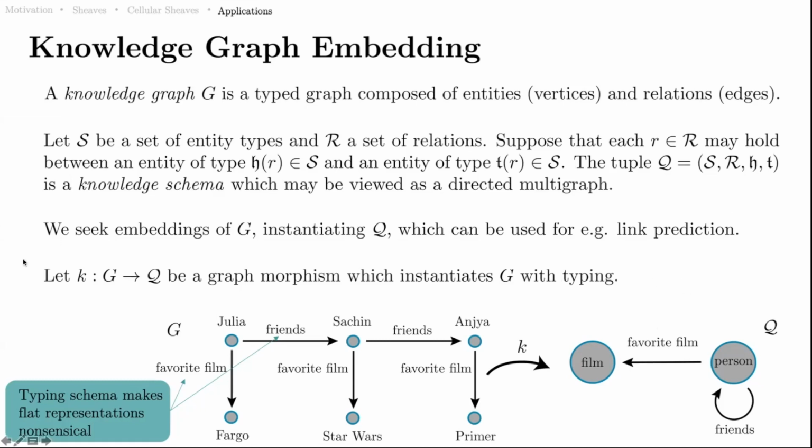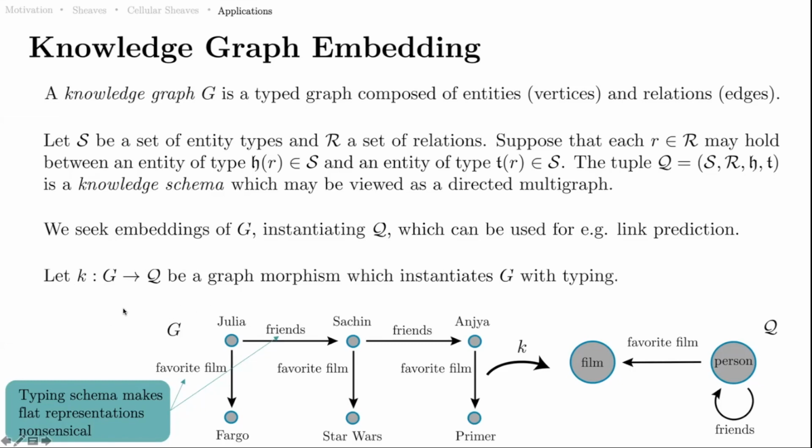And then we're going to view some graph morphism from a graph into this schema, meaning that we're going to assign a type to all of these nodes in the network. And here I've labeled these nodes with their types.